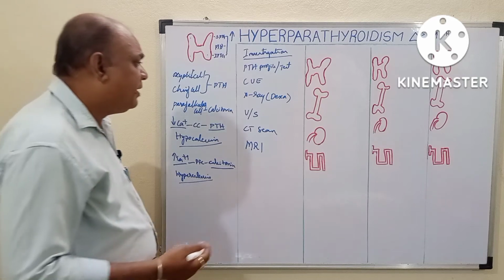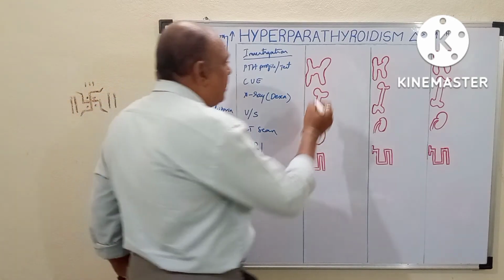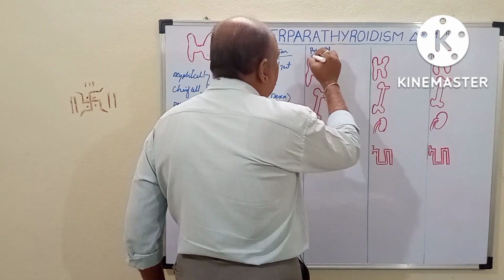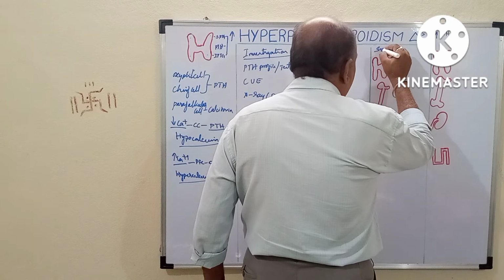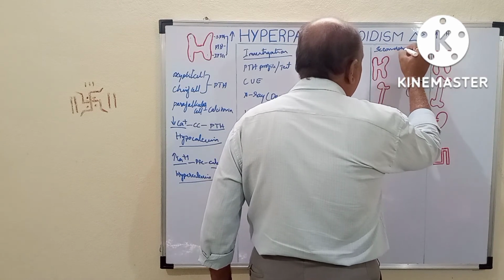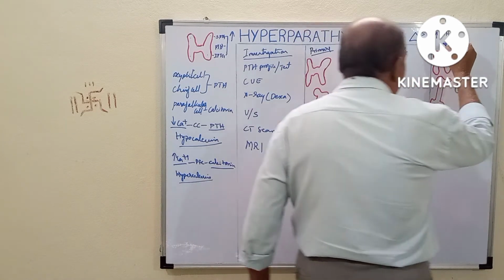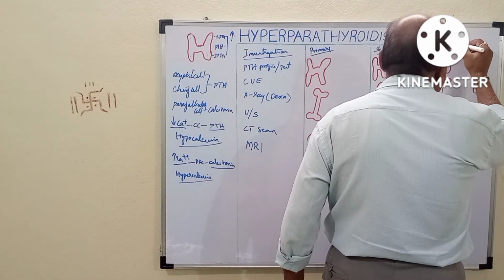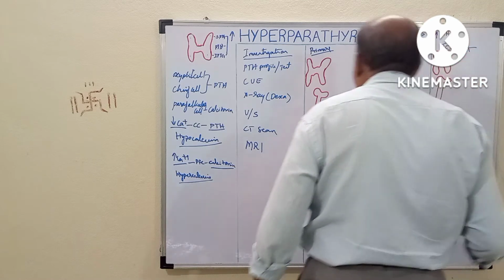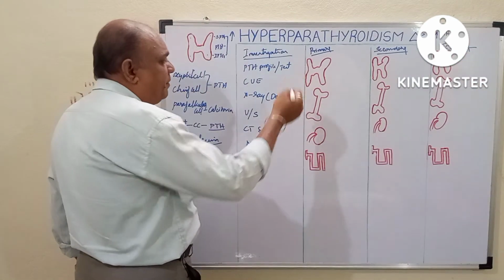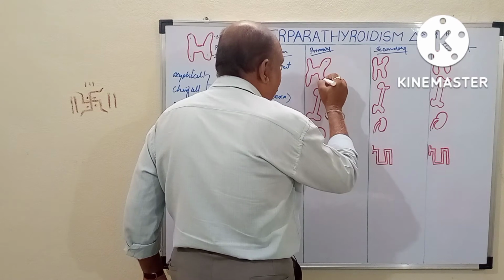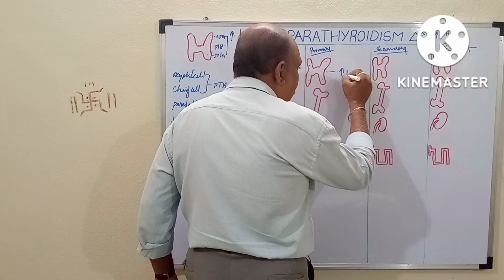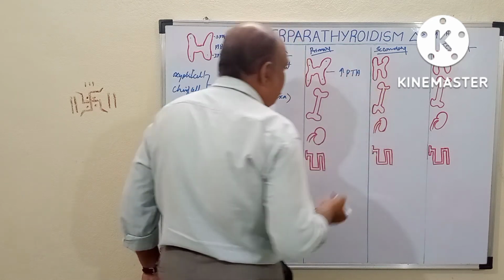Now, hyperparathyroidism is divided into three types: primary, secondary and tertiary. In primary hyperparathyroidism, the parathyroid glands themselves are affected, which will secrete high parathyroid hormone levels.